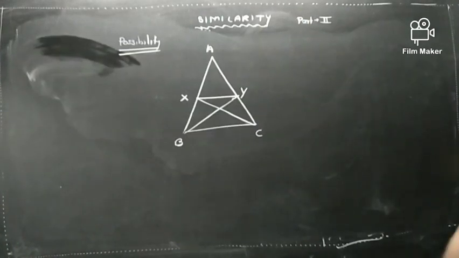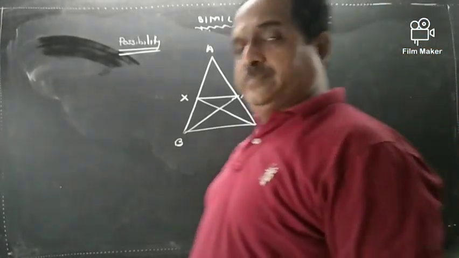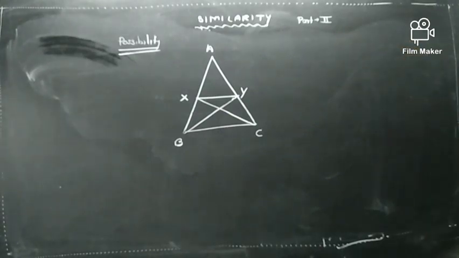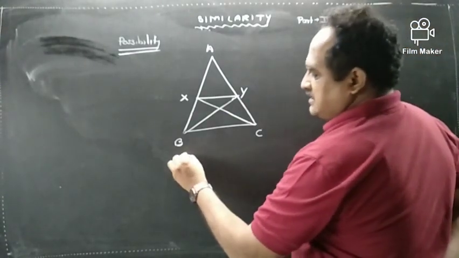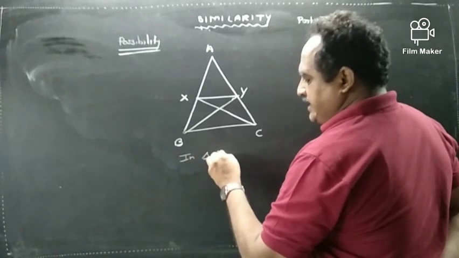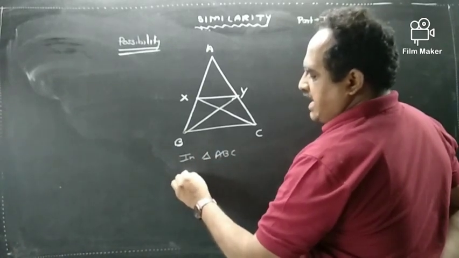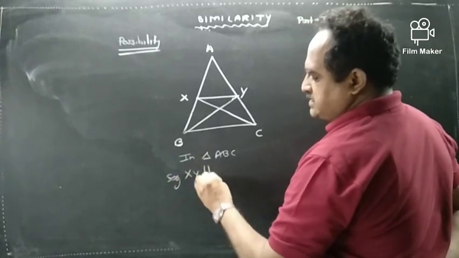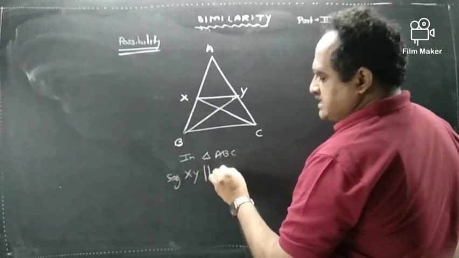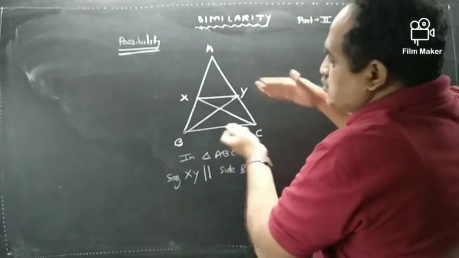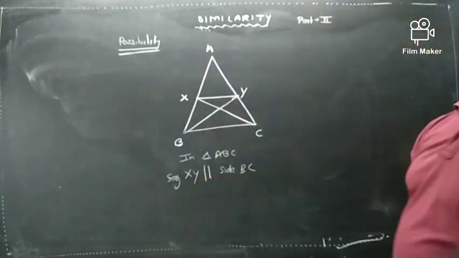Now the possibility for this property 4. For this, see the figure ABC. In triangle ABC, if segment XY is parallel to side BC, now these two sides are equal.